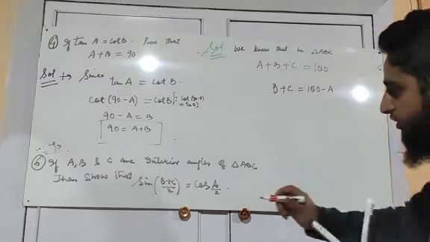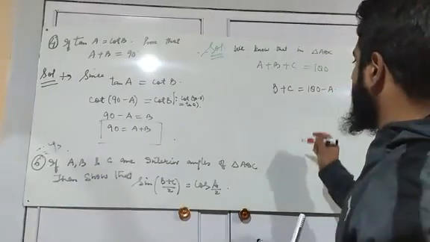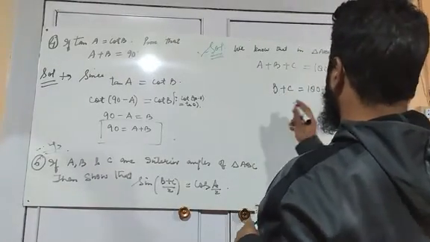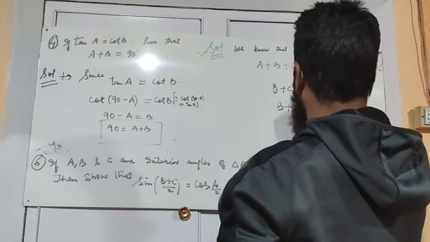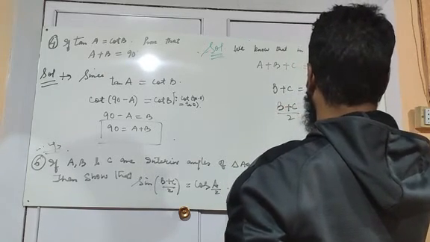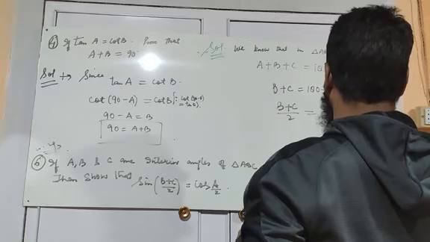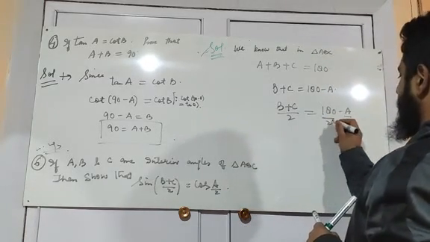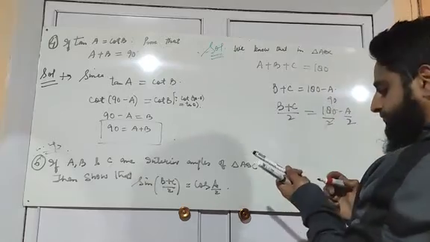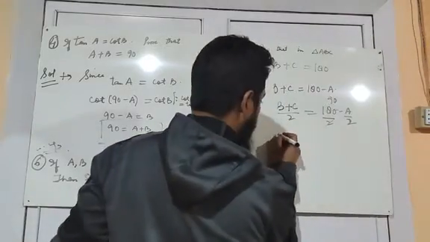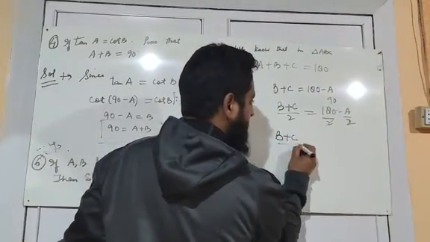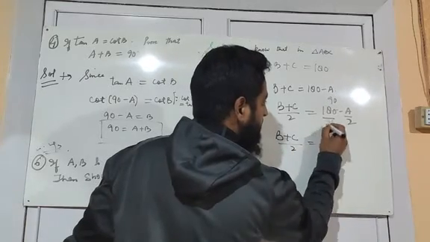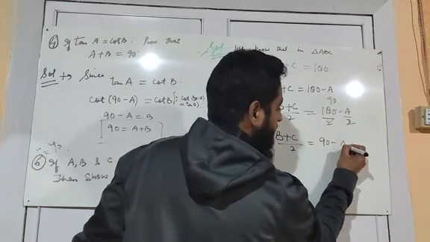After that, what we need, whole divided by 2. It means we will divide both sides by 2. I can write 2 here. You can cancel it out. After that, what it becomes, B plus C by 2 is equal to 90 minus A by 2.